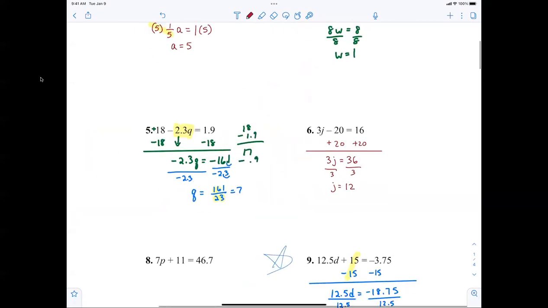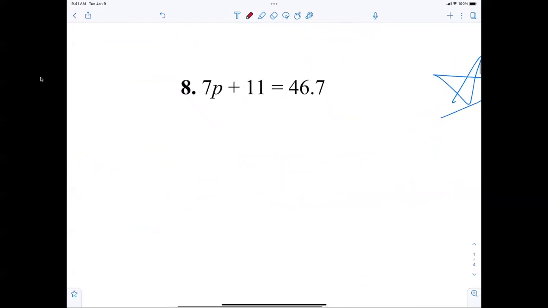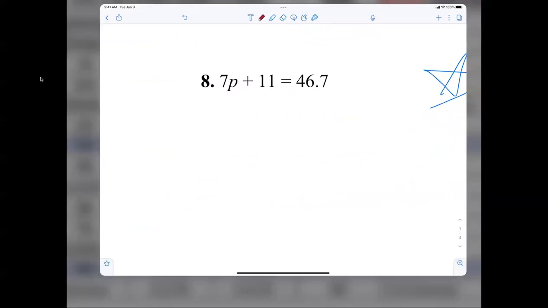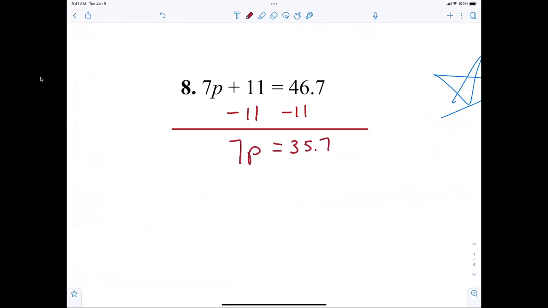All right, let's check out 8. Okay, Forrest. What am I doing? You do minus 11. Minus 11 would equal 35.7. Good job. So 7 equals 35.7. Yep. And now what? Divide by 7. Now, this one is just a really easy one to divide, right?